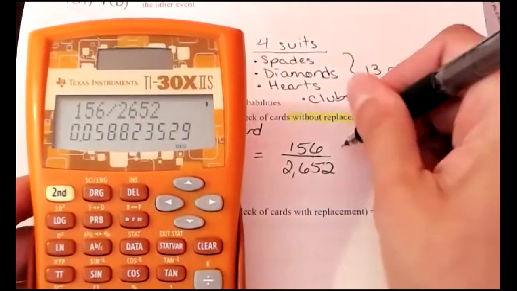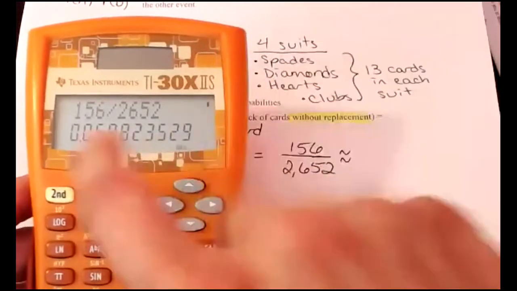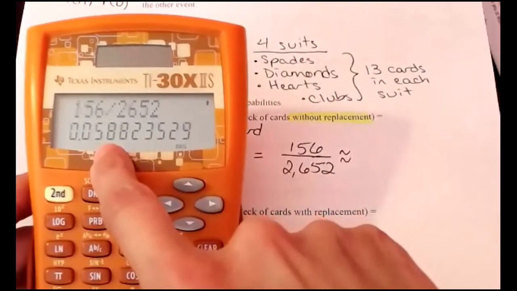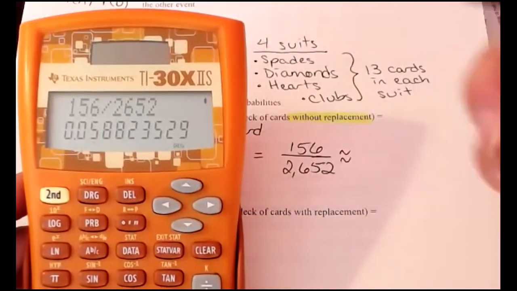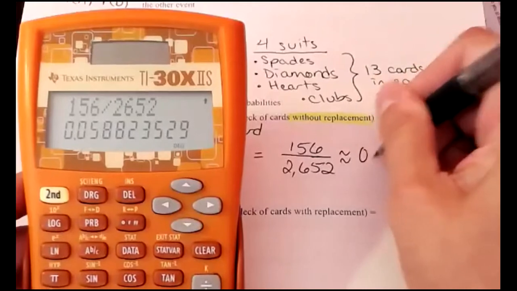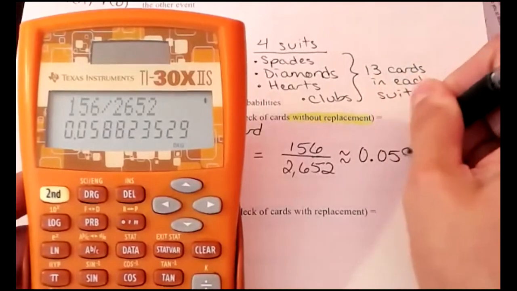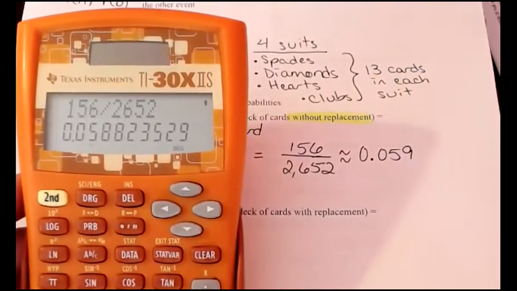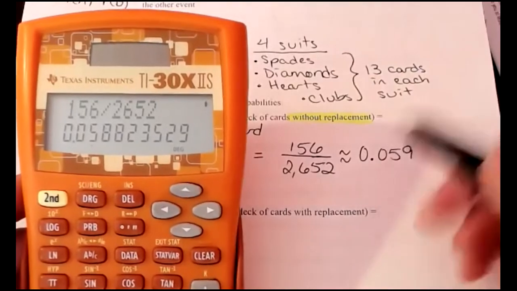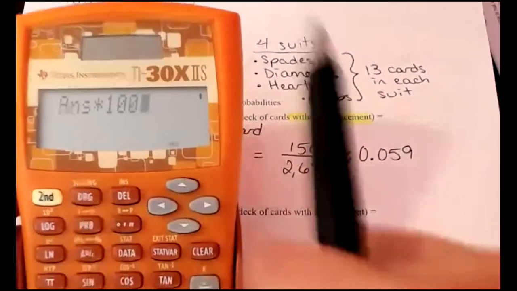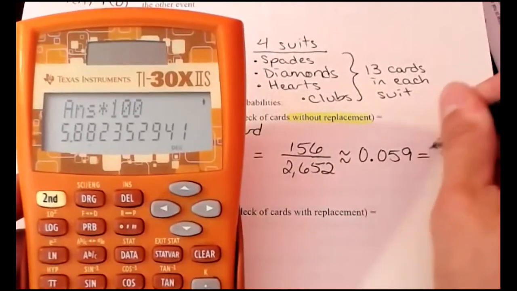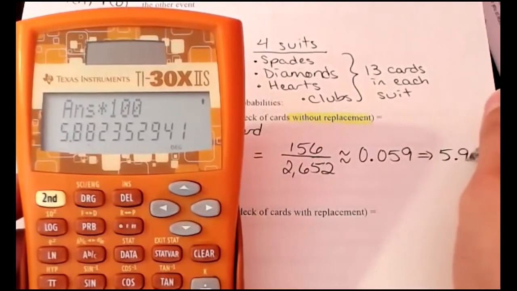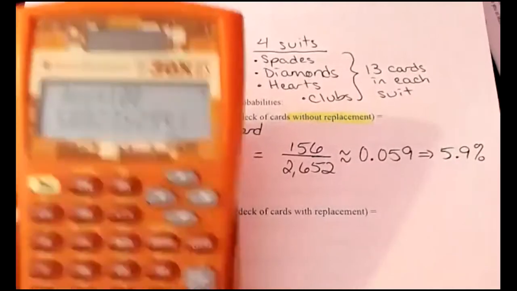So we see that it is approximately equal to, and I'm going to round to my thousandths place, so three places after the decimal, 0.059. If we turn that into a percent, we multiply that by 100 or move the decimal over 2 places. And we could say that this is the same as having a 5.9% chance.